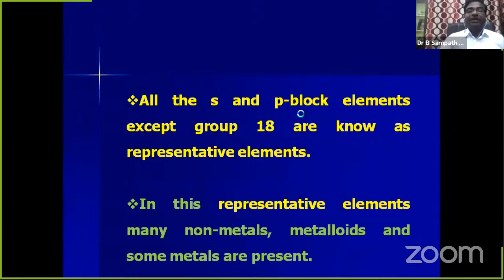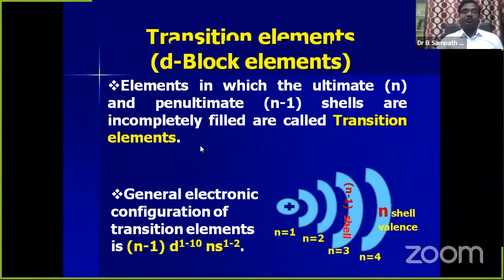All the S and P block elements except group 18 are known as representative elements. In these representative elements, there are many non-metals, some metalloids, and some metals also present.